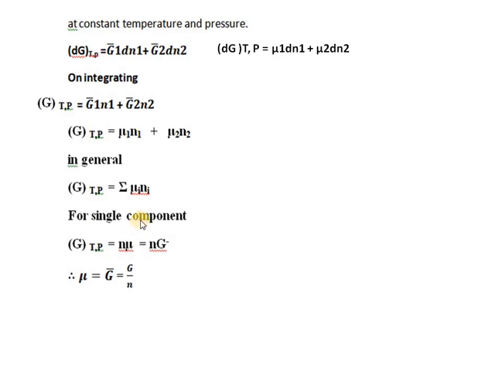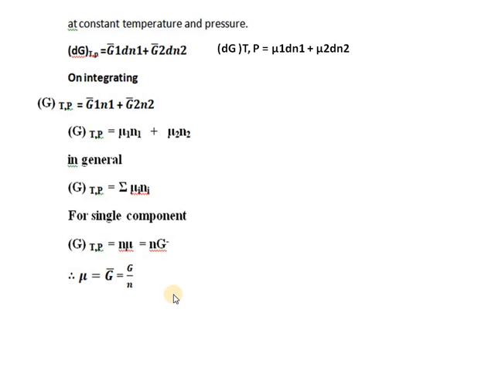For a single component, we have Z at a constant temperature and pressure equal to N mu, which is equal to N into Z bar, and therefore mu is equal to G bar, which is equal to capital G upon N.